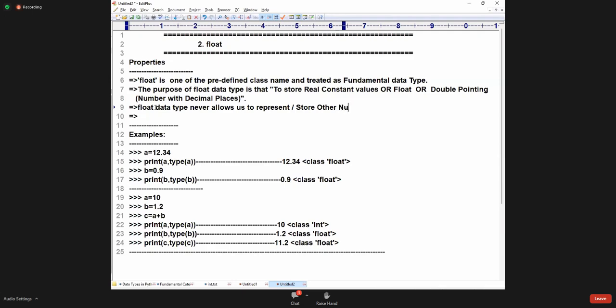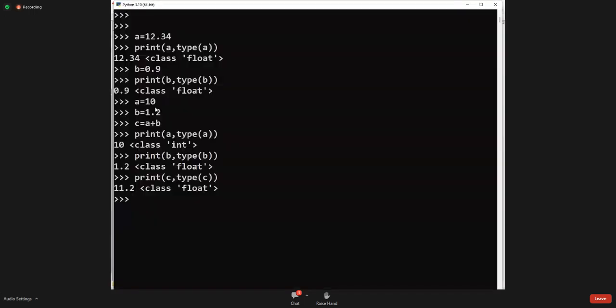Other number system values, like, I will write directly, never allows us to store or represent binary, octal and hexadecimal values.